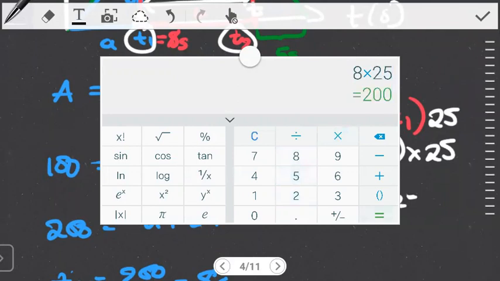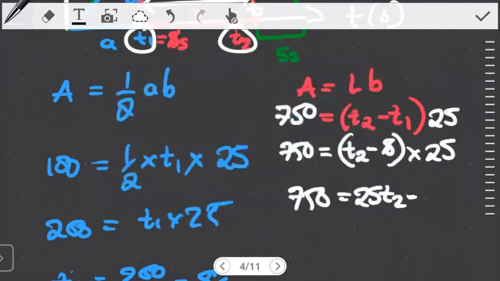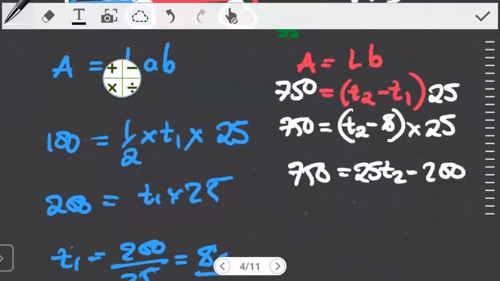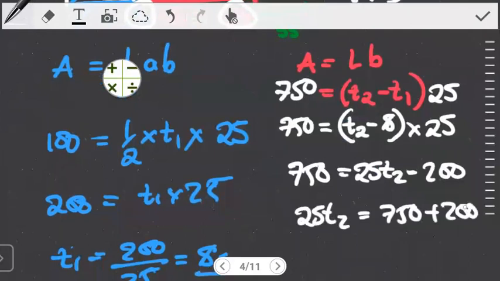We get 200. So here we have minus 200. Then we simplify this. We now have 25 T2 is equal to 750 plus 200 when the 200 crosses.